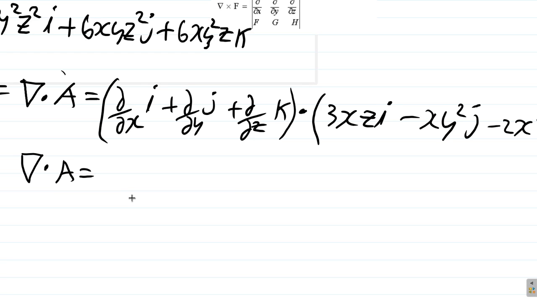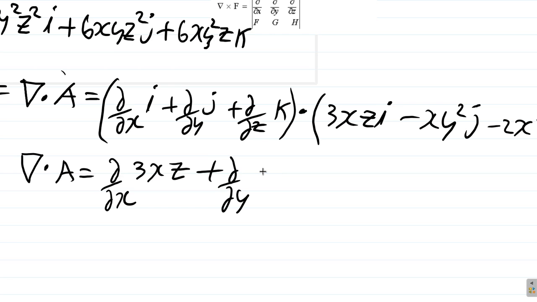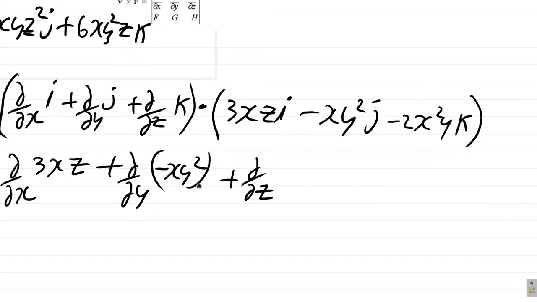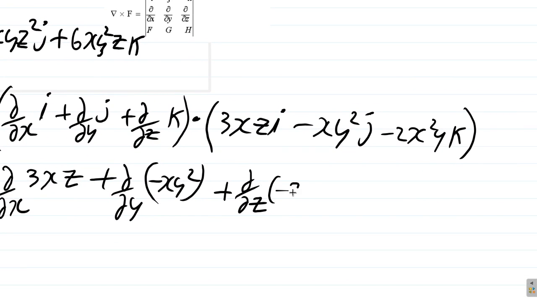So you won't have any direction. It's going to result in a scalar. So it's partial by partial x of 3xz plus partial by partial y of negative xy squared plus partial by partial z of, again, negative 2x squared y. Alright, good.